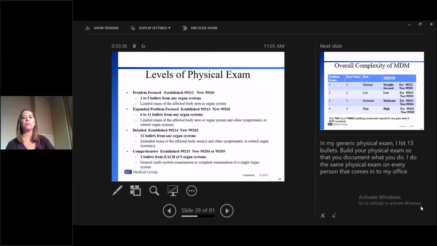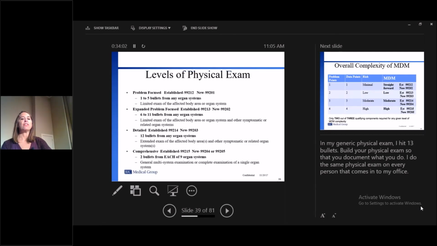For your 213 visit, 6 to 11 bullets from any organ systems and a limited exam of an affected body area or organ system or other symptomatic or related organs. For your 4, 12 bullets from any organ systems, okay? And then an extended exam of the affected body areas or other symptomatic areas.